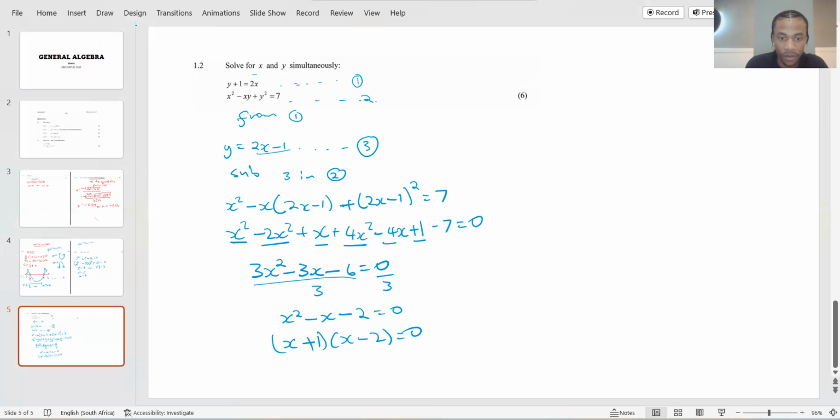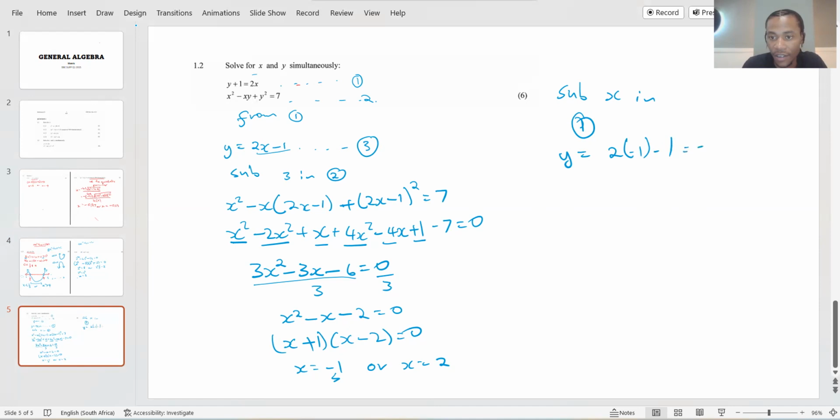Okay, so this is going to be positive. So I have x being equal to negative 1 or x equals positive 2. Then I substitute x into the first equation. That will be easy. Then I have y being equal to 2, then x is a negative 1, minus 1 there.